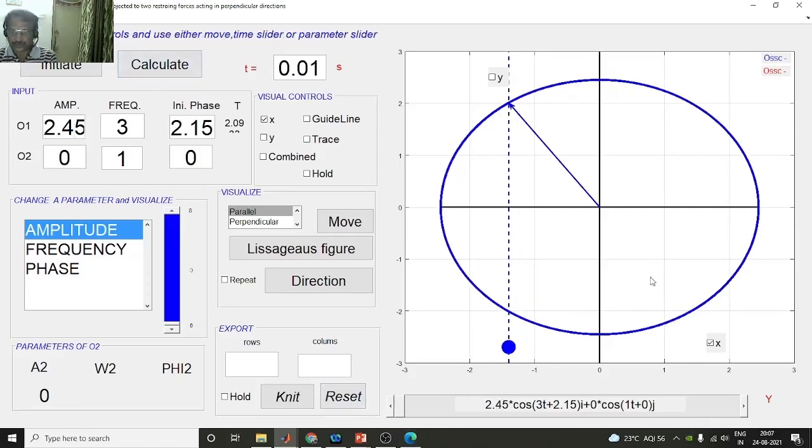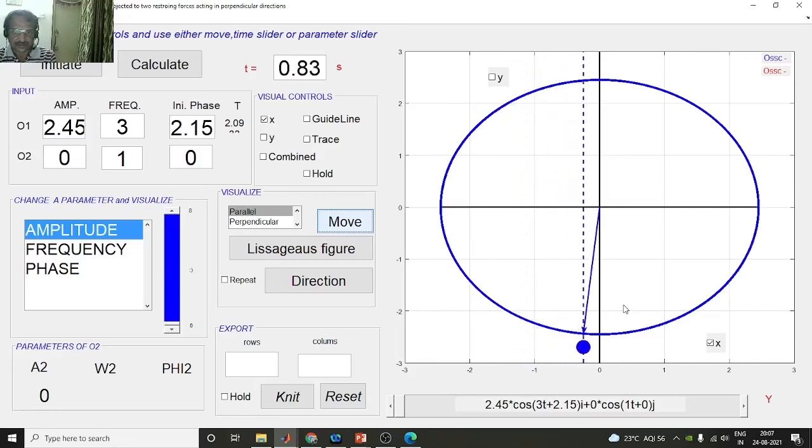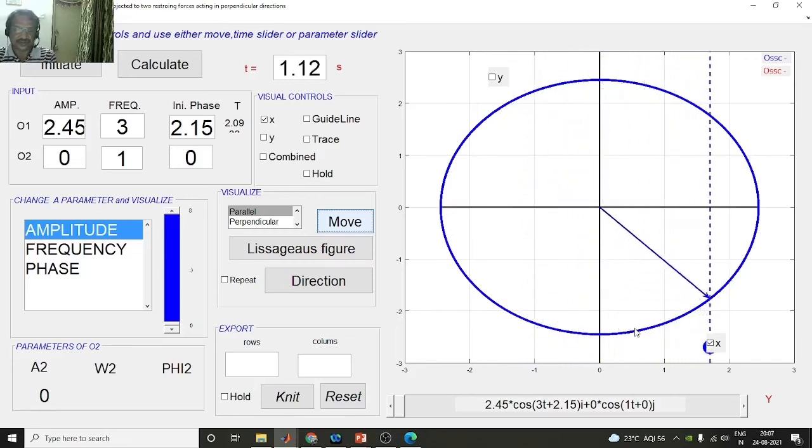So we have an oscillator with an amplitude of 2.45, frequency of 3 and initial phase of 2.15. So it starts here, the initial angle is this. Now as a function of time, let us see what happens. The effect of frequency. Now we can see, compared to the earlier simulation, the vector is rotating faster.